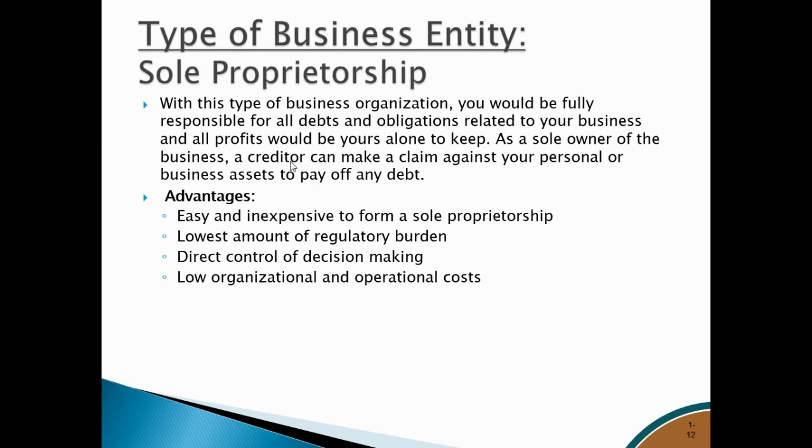But in a sole proprietorship, usually you're the single owner and sometimes you're the manager, you run the business. So the organization structure is very low, therefore the cost is very low.